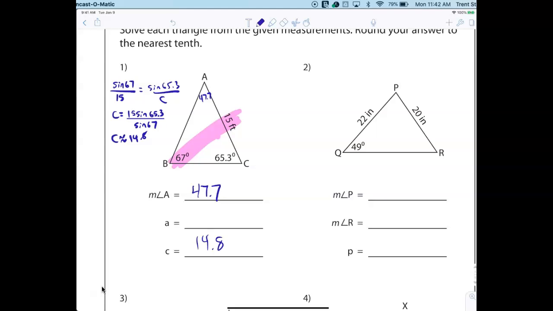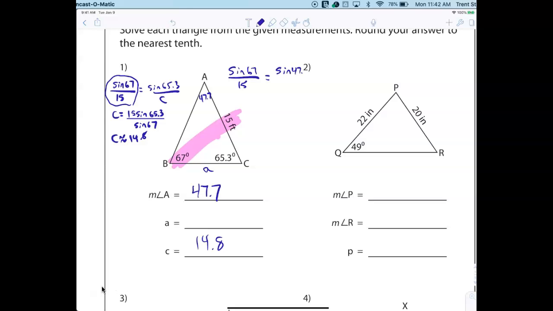Now I'm missing side A, which is down here. So now keep the same ratio. The things that you did not estimate on, use those. So now we write sine 67 over 15 is equal to, someone? Good job.